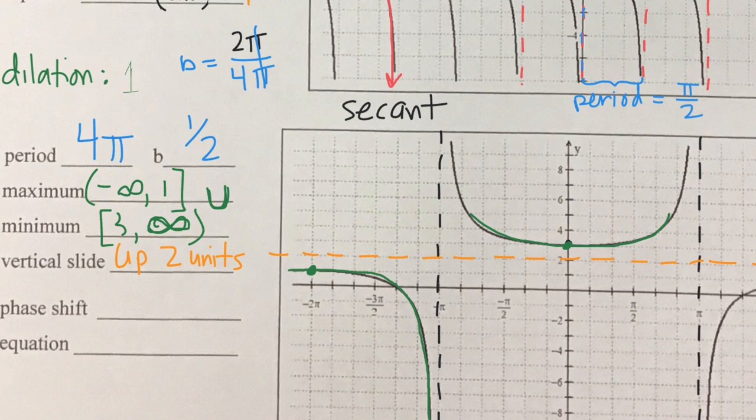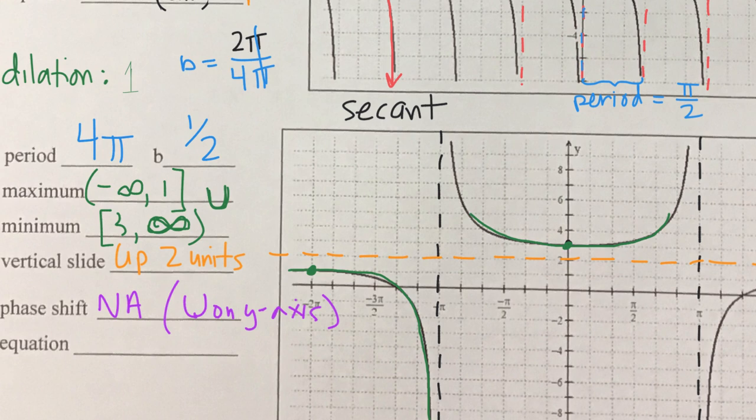It's traditionally on the x-axis, but this has been moved 2 units above. Now there's no phase shift because we have a U exactly centered on the y-axis. So we don't have any phase shift for our secant graph. Now if you wanted to write a cosecant graph, yes, you would have a phase shift, but not for a secant graph. And since secant is easier, that's what we do.